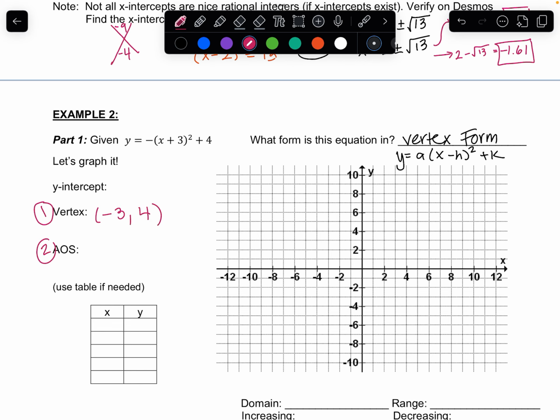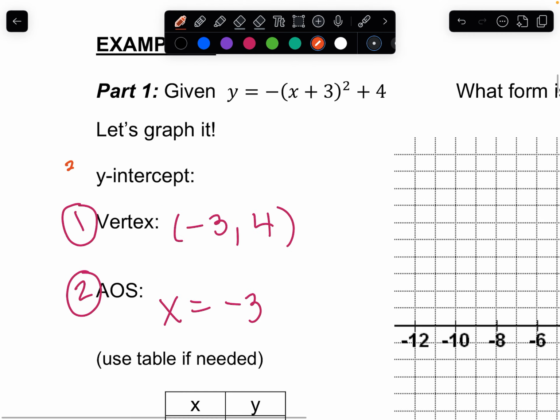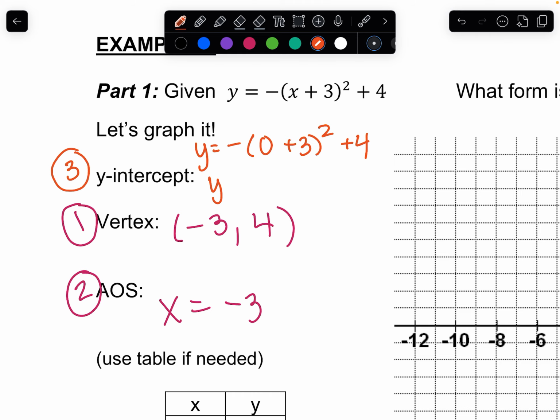Then it gives us our axis of symmetry. Remember, the axis of symmetry is the x value of our vertex. And we can find our y-intercept by just plugging in 0 for x and solving. So we get 3 squared is 9, -9 plus 4 is -5.